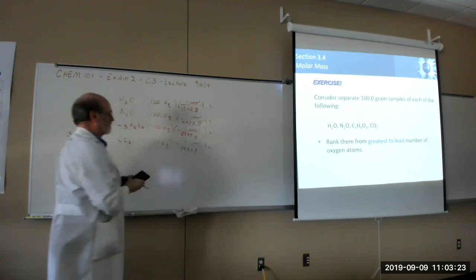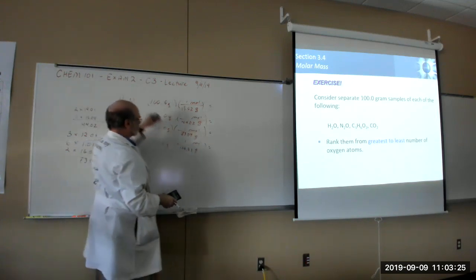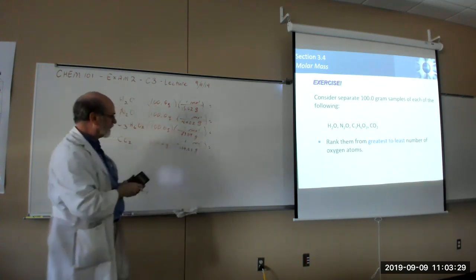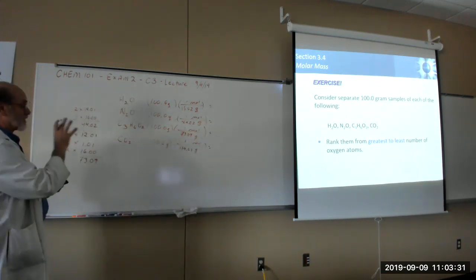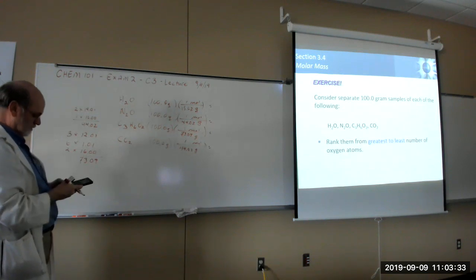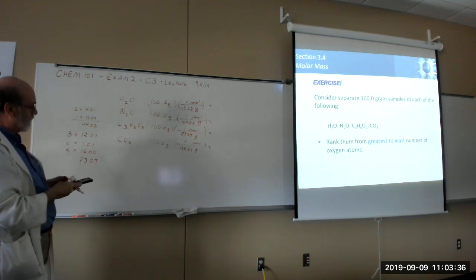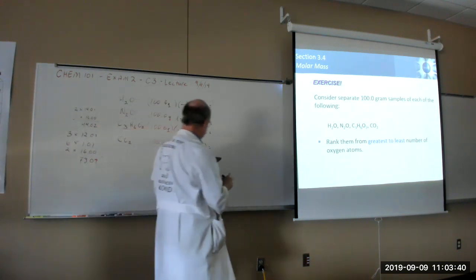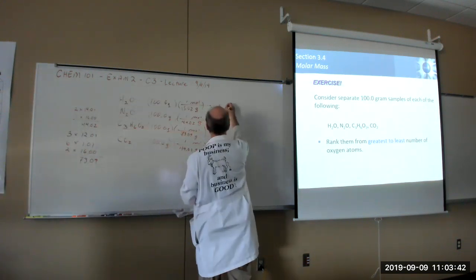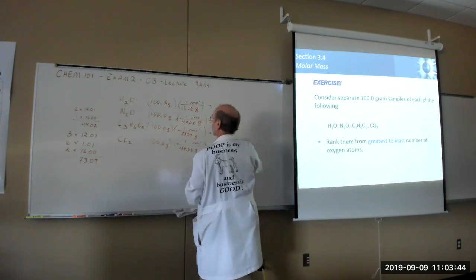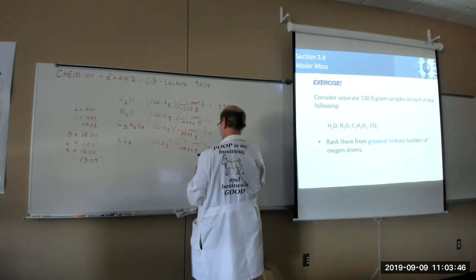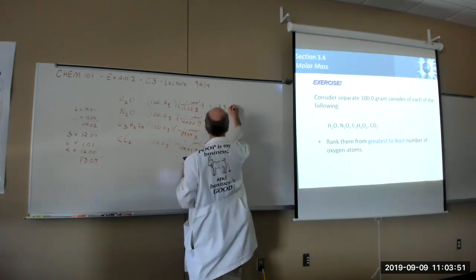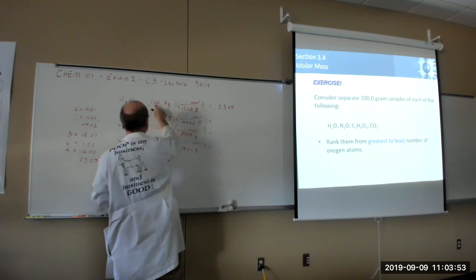Our assembly line. We're doing the same procedure. The only thing we changed was this value right here. And that's going to give us the number of moles of each one. So 100 divided by 18.02 is 5.549, right? 4 significant digits, because it's 1, 2, 3, 4.